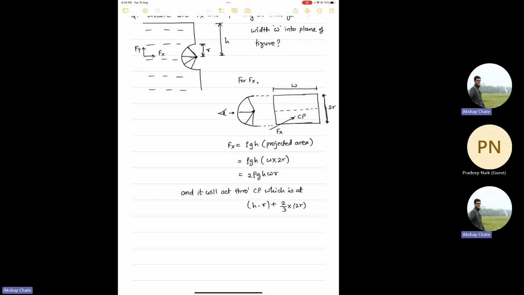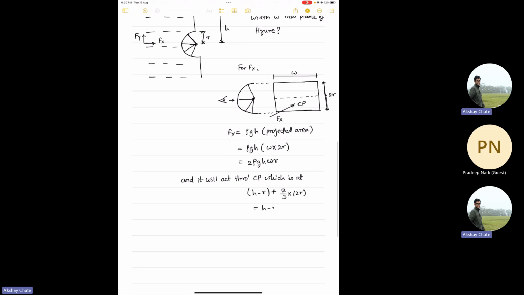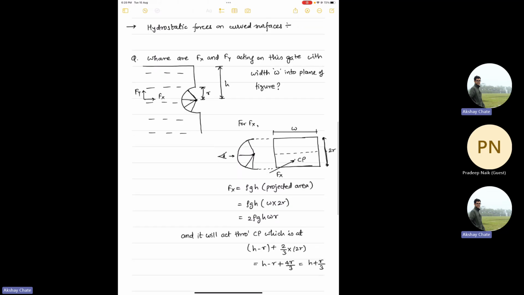If you solve this, it is H minus R plus 4R by 3. So it is basically H plus R by 3. So CP will be somewhere here.